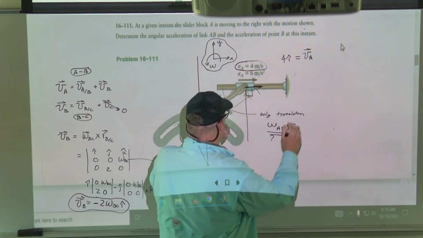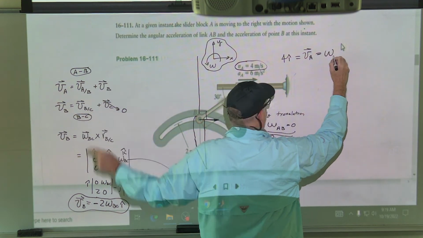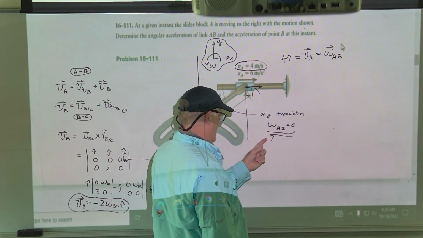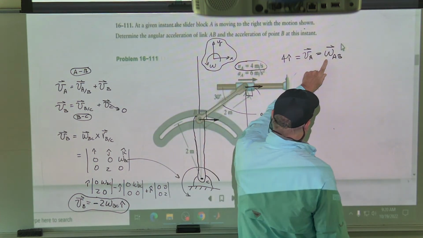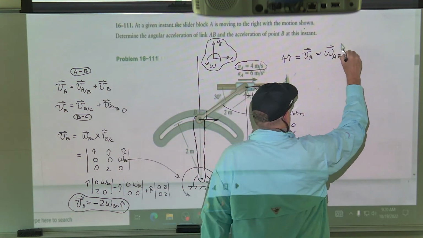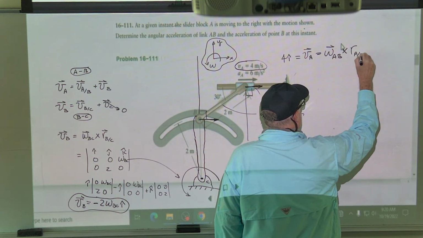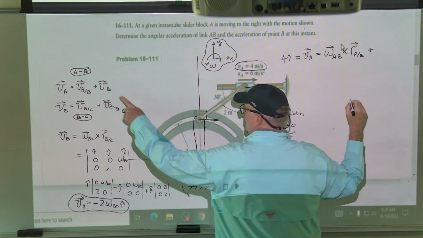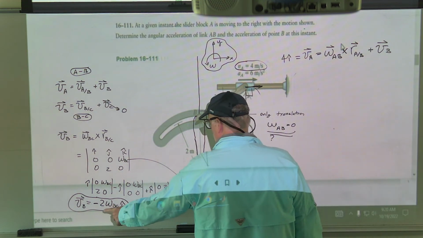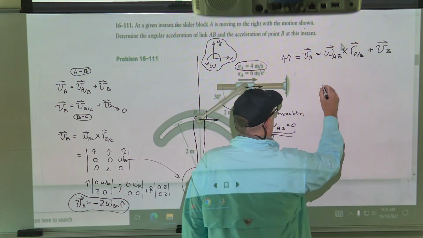But it's also equal to omega AB, which we assume to be only in translation, but we need to go ahead and do this, AB cross R A up to B, plus what's left there. There's no particular reason I can't put this in there, but I'm going to wait one more step.